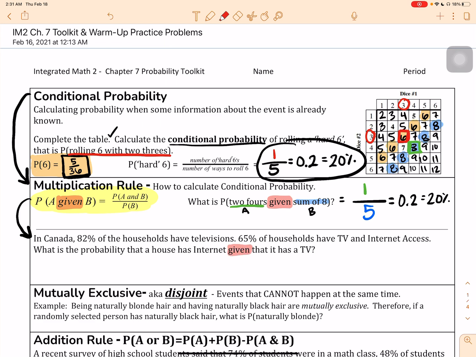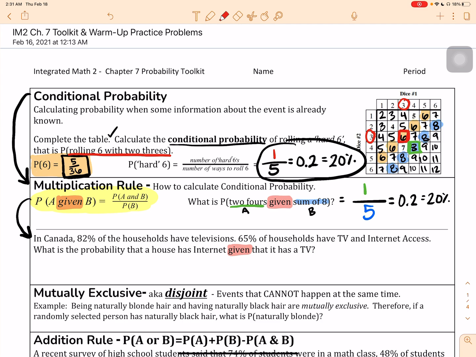That means this is conditional probability. We are only looking at the households who have a TV. That's it. Nobody else, not households without a TV. Those we're not paying attention to. We're only paying attention to the households who have a TV to see how many of them have internet access.